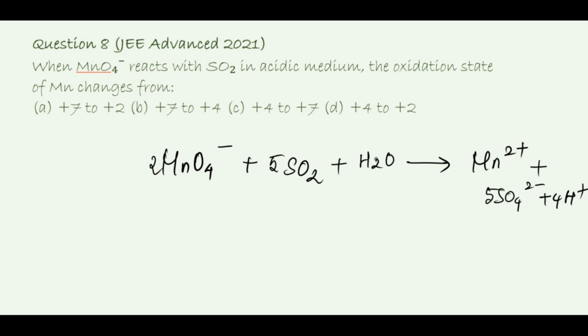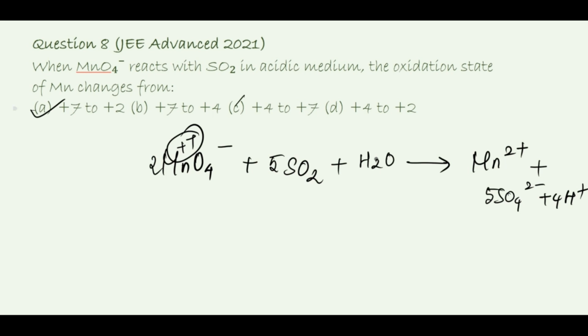Right. So here you can see the oxidation state of manganese on the reactant side is plus 7, that is getting changed to plus 2 oxidation state, which clearly shows that option A is the right answer to this question.